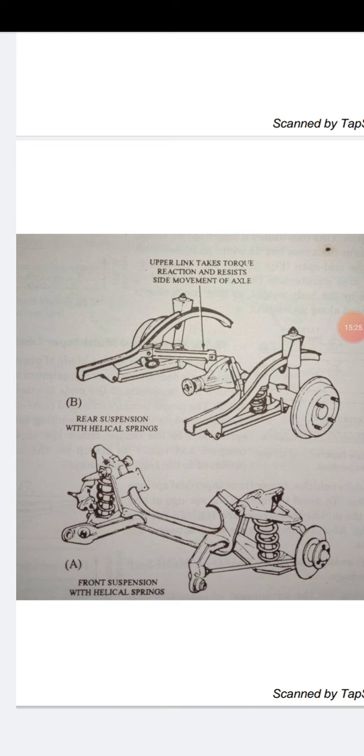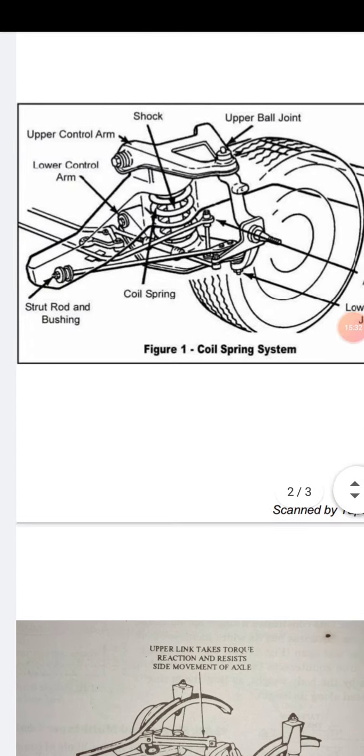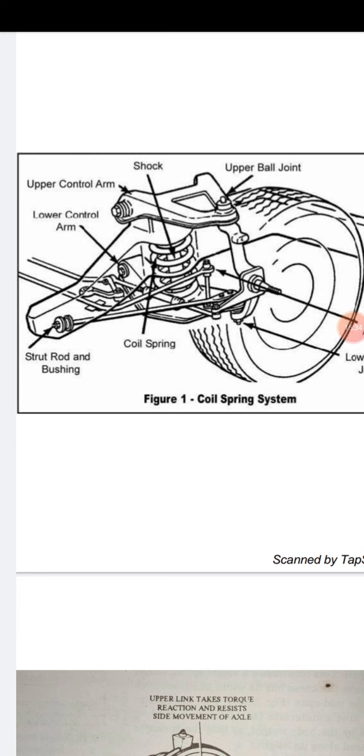In passenger cars, we use the leaf spring at the rear, and in the front portion we use the coil spring or wishbone arm combination.